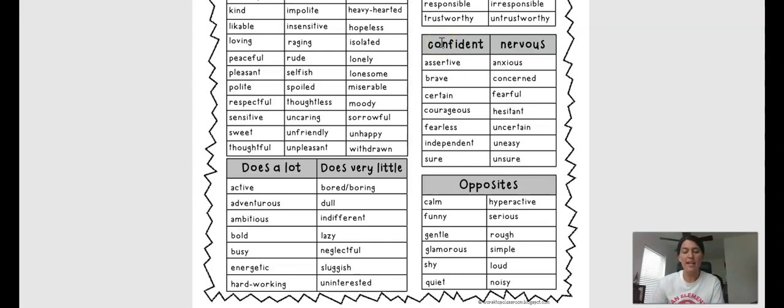So if I were to take two or three character traits to describe Henry, to reveal his character, I would say that he is hardworking, because he worked hard throughout the whole story, and then even at the end, he worked hard to think of that solution to mail himself.